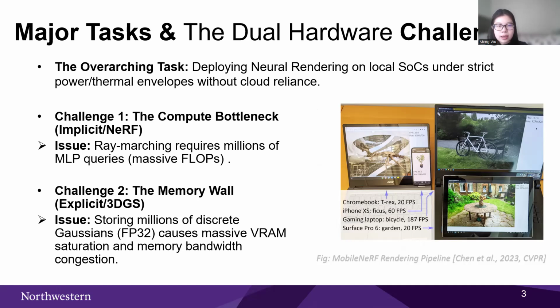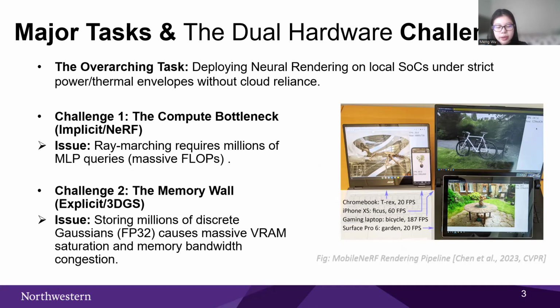On the other hand, explicit representations like 3D Gaussian splatting completely bypass this compute bottleneck. Instead of a black box MLP, 3D-GS models the scene with millions of explicit 3D Gaussian primitives, using a tile-based differentiable rasterization pipeline for fast alpha blending. However, this introduces a new problem. Each Gaussian stores high-precision 32-bit floating point attributes, including its 3D position, covariance matrix, opacity, and spherical harmonics coefficients.